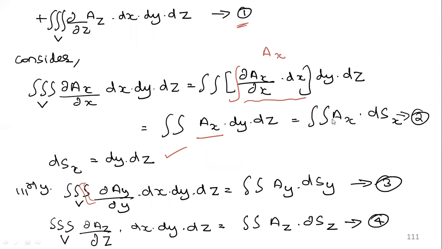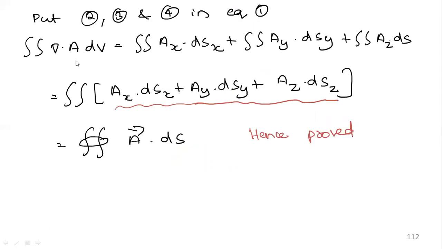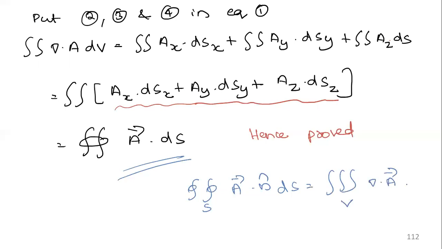We substituted the three equations we obtained into equation 1, that is the integral of del dot A dV, and finally arrived at the double integral. Hence we proved that the closed integral over surface S of A dot n dS is equal to the triple integral over V of del dot A dV.